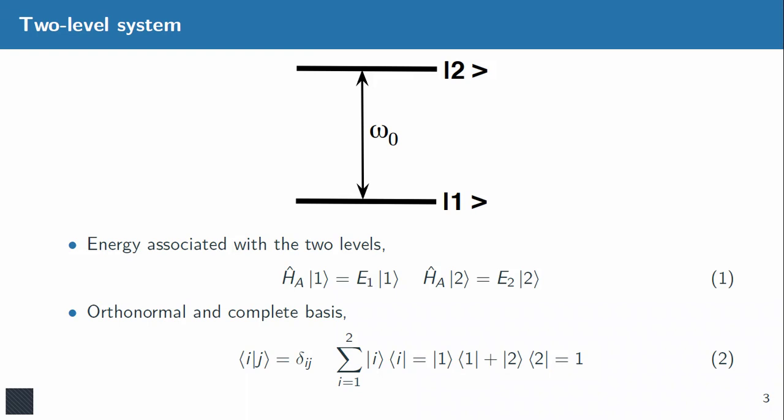Our goal is to find the Hamiltonian that gives us that kind of results. So we choose the basis of the Hilbert space describing the two-level atom or two-level system, and this basis follows the orthonormal condition and the completeness relation given in equation 2.